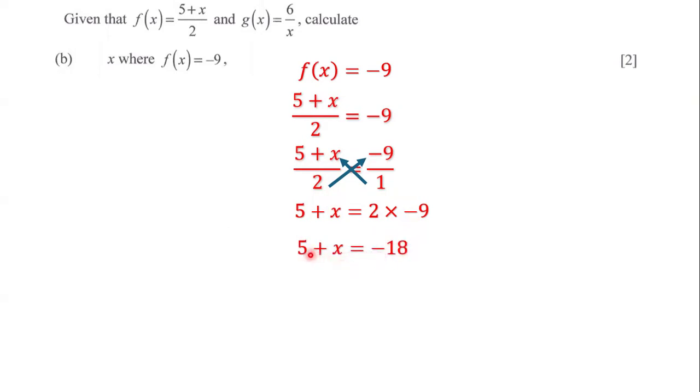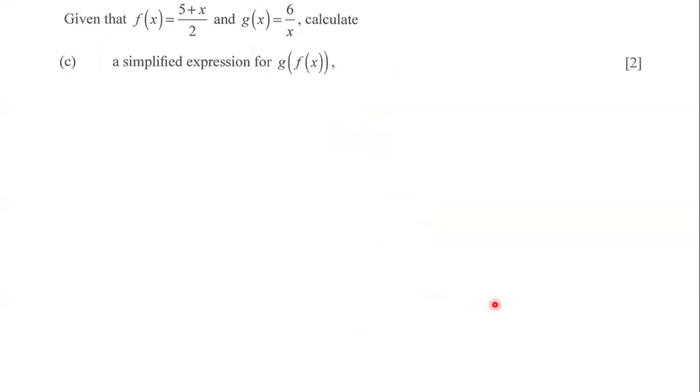We take the 5 and we send it over the equal sign. And so we have x is equal to -18 minus 5, and -18 minus 5 is equal to -23. So x is equal to -23, and that's our answer to this question.